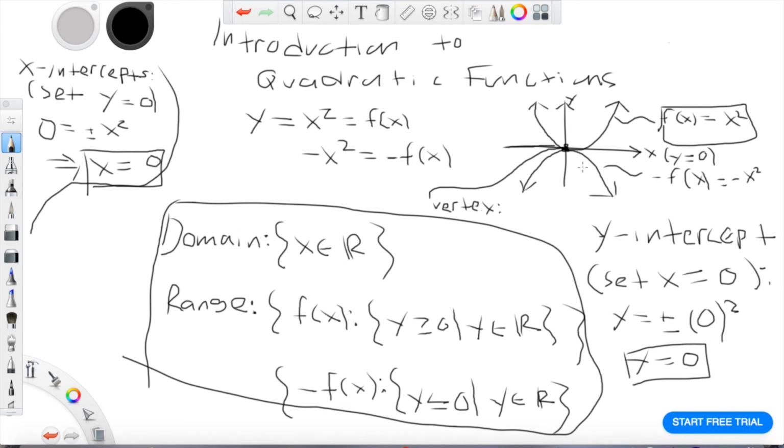The vertex of f of x is the lowest value that f of x can take on. And this point right here is 0, 0. And vice versa, for negative f of x, it is the maximum value that negative f of x can take on. And the vertex is very special.